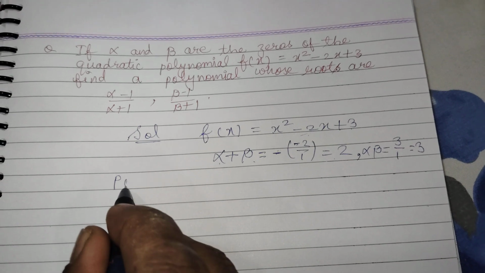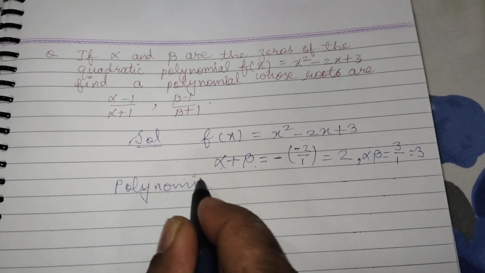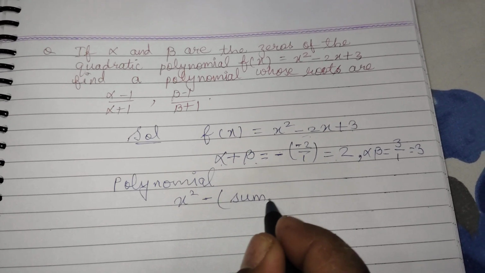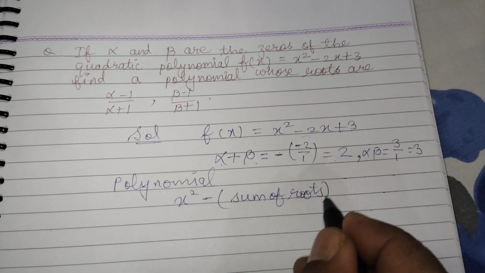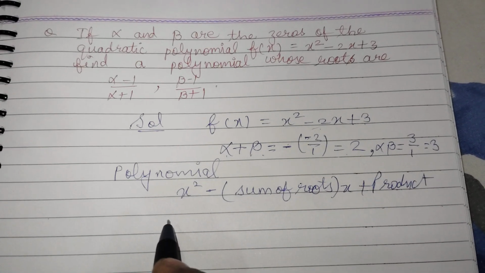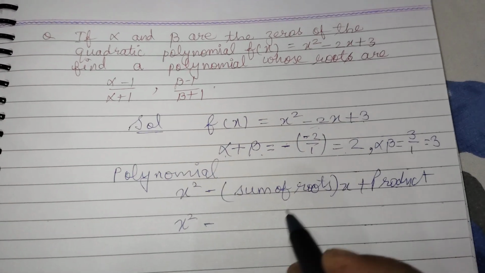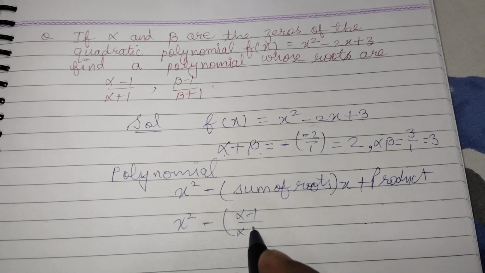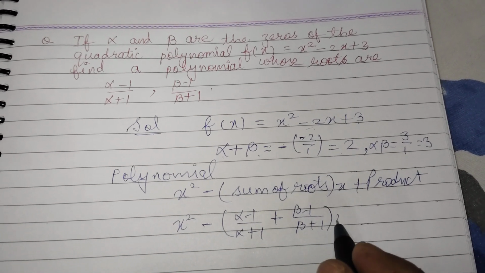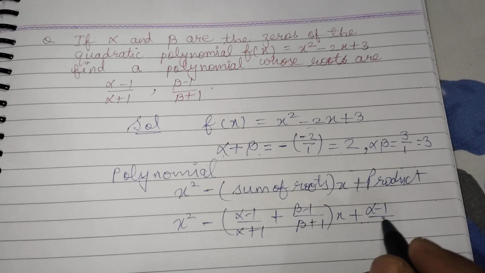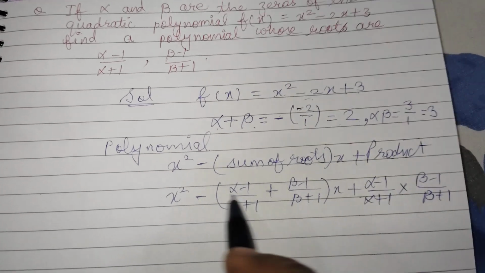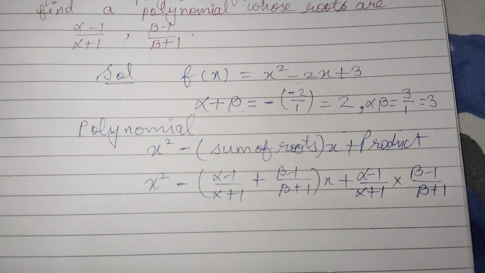The polynomial equation formula is x² − (sum of roots)x + product of roots. So x² − [(α−1)/(α+1) + (β−1)/(β+1)]x + [(α−1)/(α+1)]·[(β−1)/(β+1)]. Its value we have to find out.